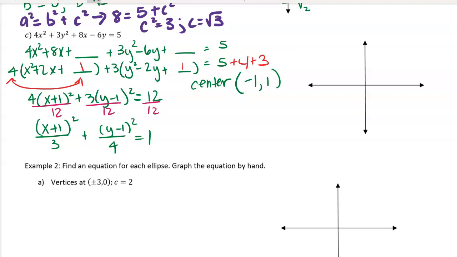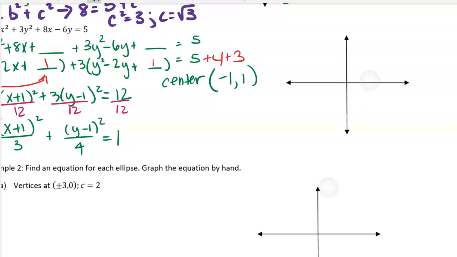I'm going to plot it as we go along. Okay, got the center. Let's find a squared. What's a squared? 4. That means a is 2.